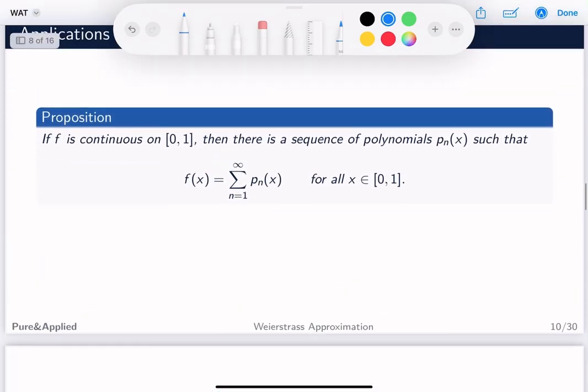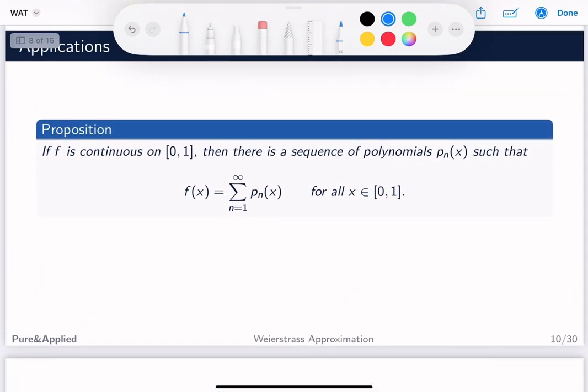For the next application, this one I really like. It's basically saying that every continuous function can be written as a series in polynomials. Let's go ahead and prove this. That's not hard. It's again an immediate application of the Weierstrass Approximation Theorem.